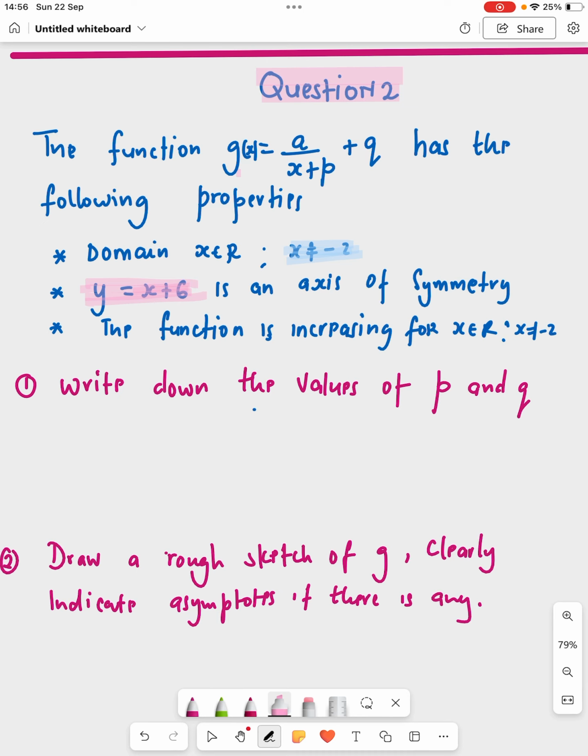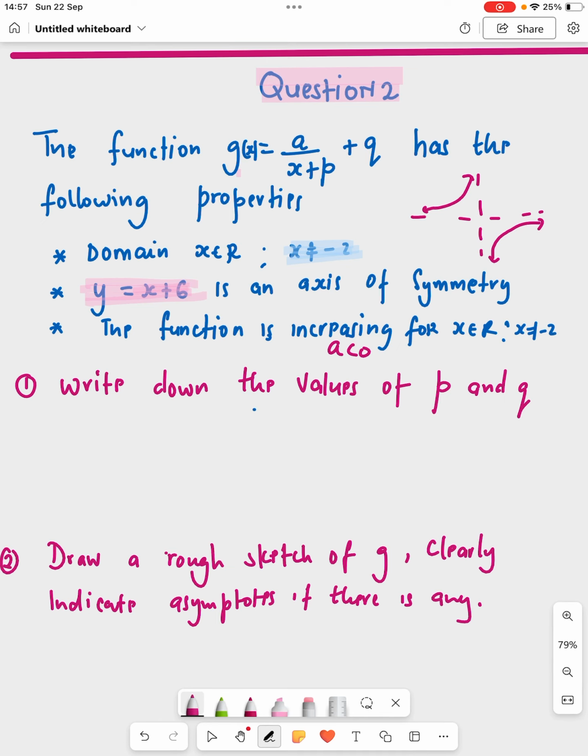We are told that the function is increasing for x is an element of all real numbers, but x is not equal to 2. So if the function is increasing, that means our a is less than 0. So if I were to draw the graph, I already know that it will be in the second quadrant as well as the fourth quadrant, since our function is increasing.